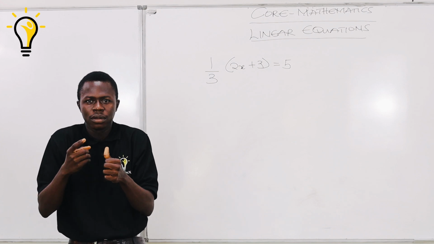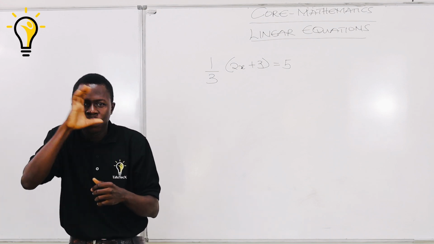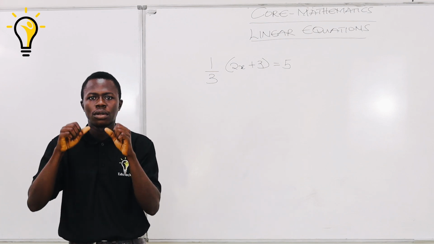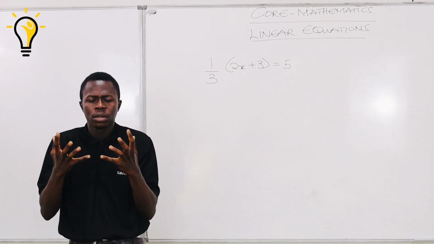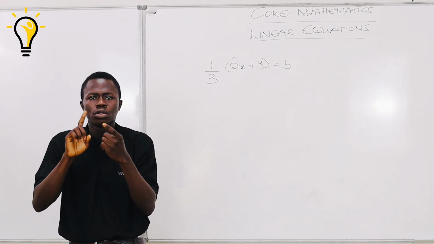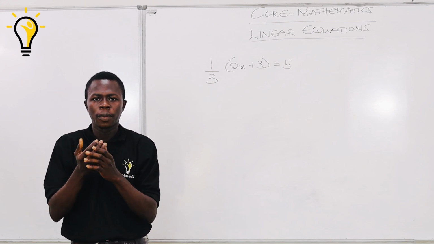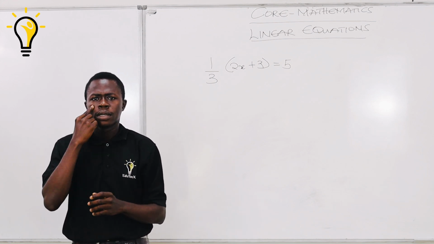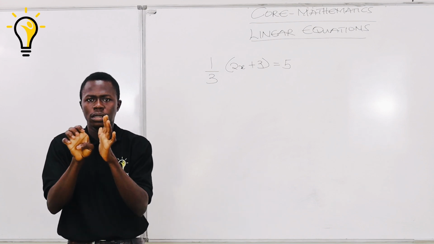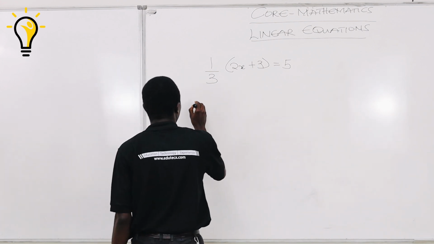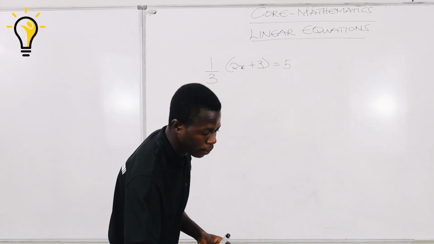So, first of all, how do you find the LCM? You need to find the LCM before you can actually solve the equation. So we're going to study how to find the LCM. Let's use an example.